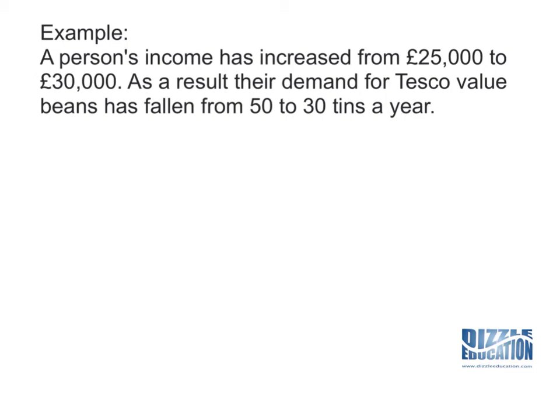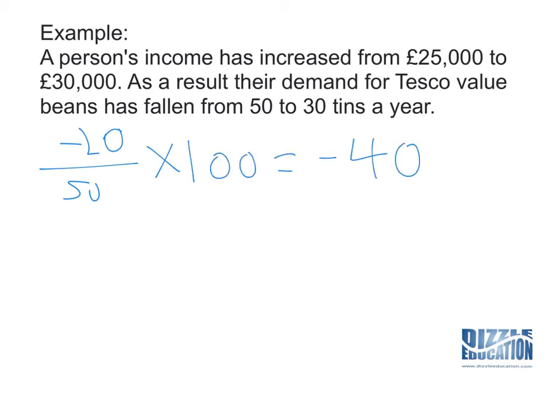Because of that, this person's demand for Tesco value baked beans has fallen from 50 tins a year to 30 tins a year. So the change in demand is going to be minus 20 divided by the original demand, which is 50, times that by 100, which gives us minus 40.